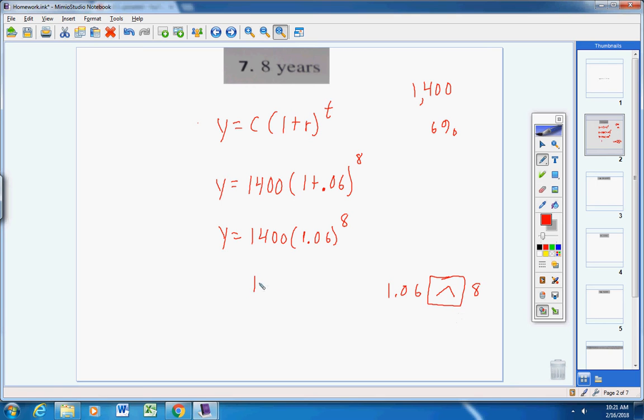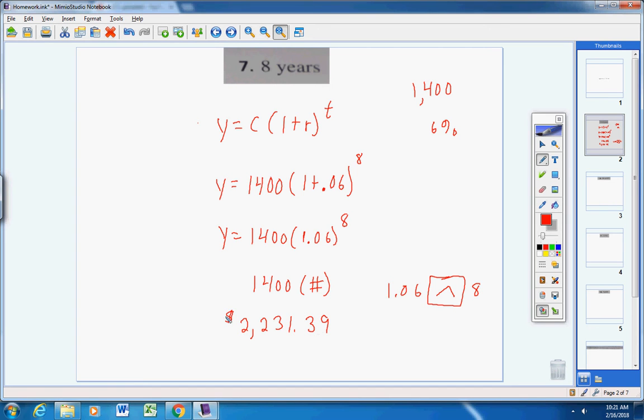Okay, I'm not sure what you get when you do that, but you'll get some number, okay? And then whatever you get, multiply that times 1,400, and you will get this right here, $2,231.39. Okay?